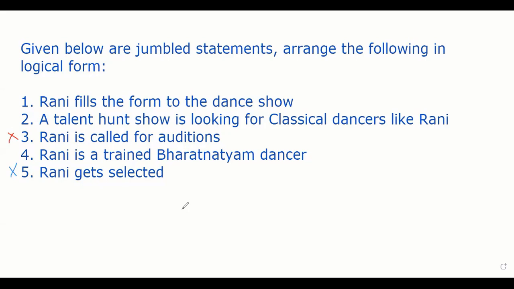Meghna, Devender, out of 1, 2, and 4, which cannot be the first one? The first one cannot be. Why, Shaurya? Sir, because when the show people call the people, then only they fill the form.